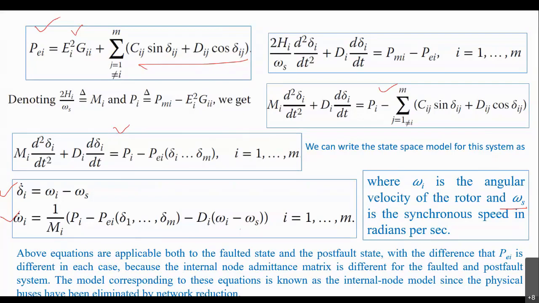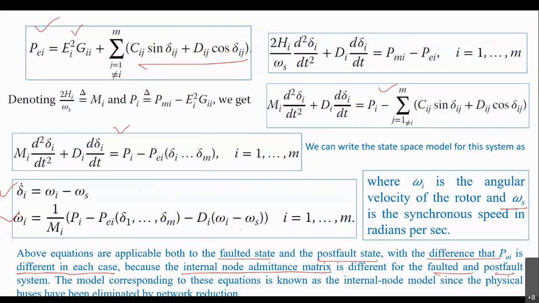So the above equations are applicable both to the faulted state and the post-fault state, with the difference that Pi is different in each case. So Pi will be different for the faulted case as well as the post-fault case, because the network configuration changes. Therefore the expression for Pi will change, because the internal node admittance matrix is different for the faulted and post-fault systems.